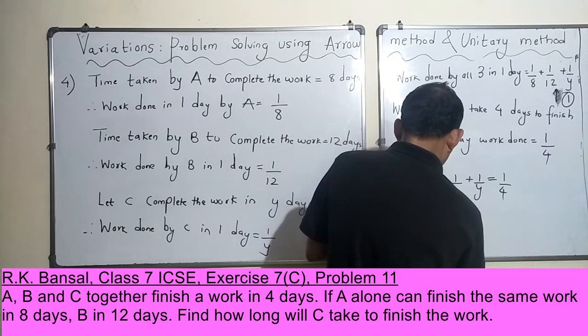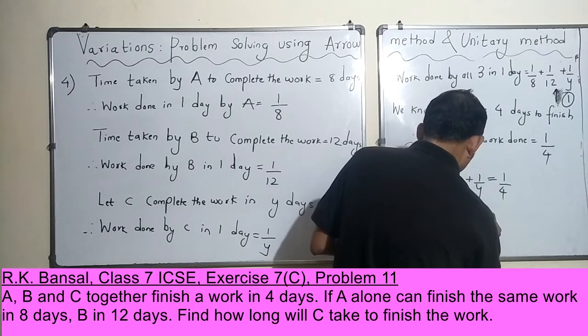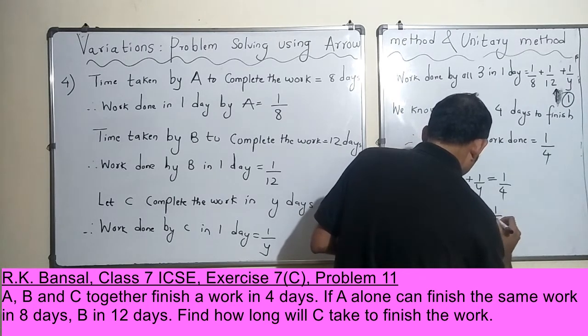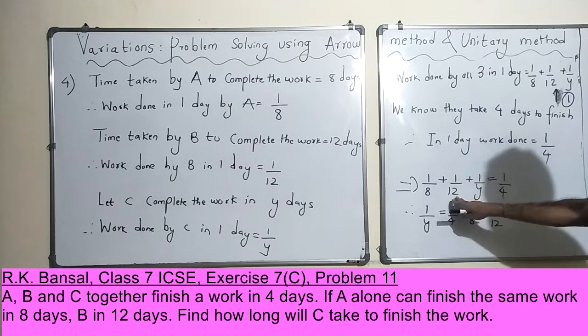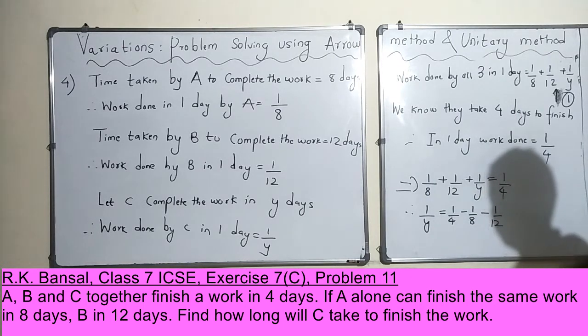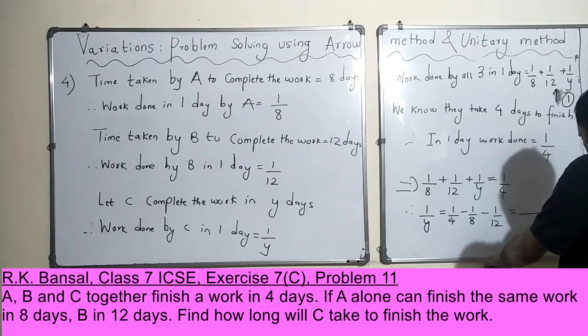So let me just rearrange those terms. 1 by Y equals 1 by 4 minus 1 by 8 minus 1 by 12. I hope this is clear, should not be difficult. I bring all of them on this side, and you have to find out the LCM. So can I say 24 is the LCM, right?